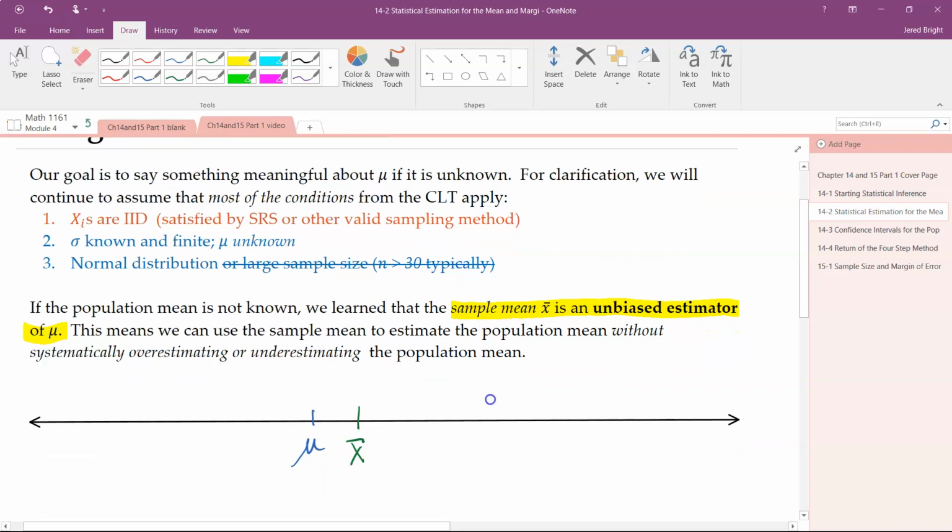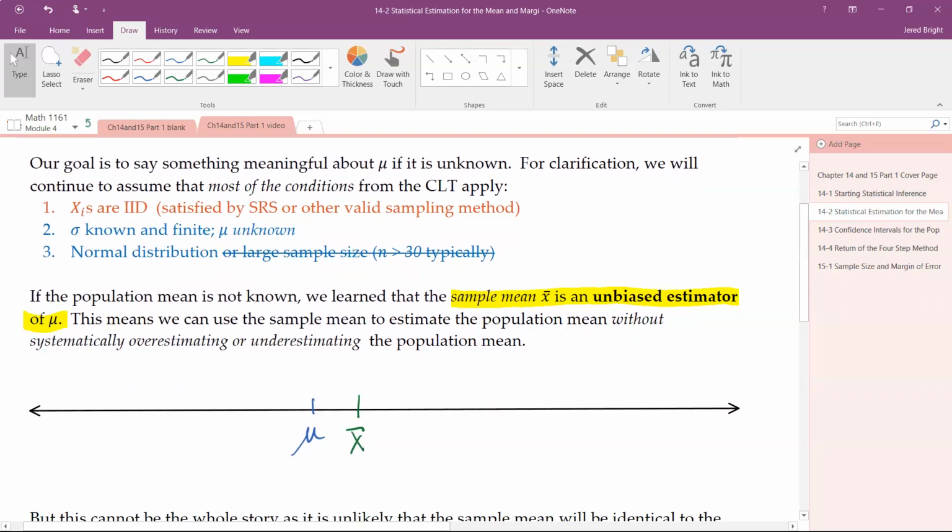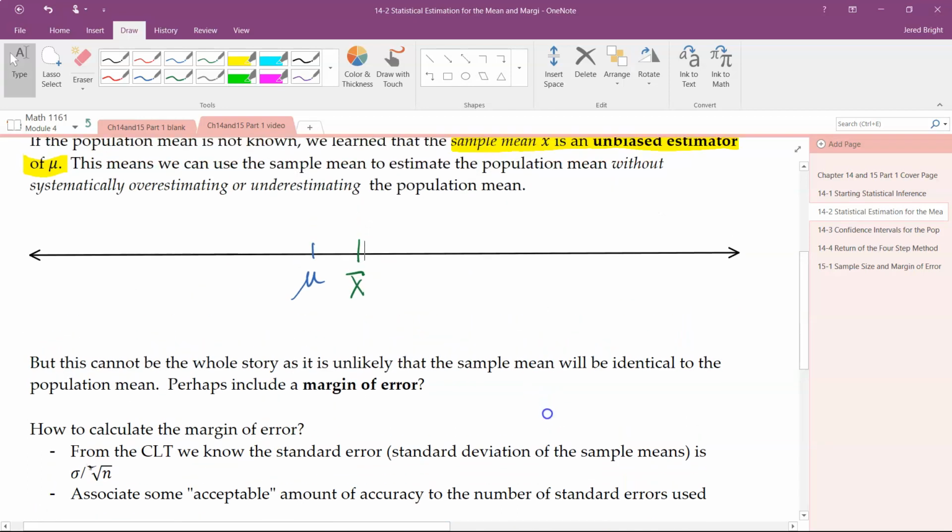And so what we want to do is give ourselves some grace and allow for some margin of error. If we include some margin of error, let's call this E, then we'd have this boundary, and then E, and then what we're going to say is that the population mean is within this interval, x bar minus E, x bar plus E, so it's going to be in there with some sort of confidence.